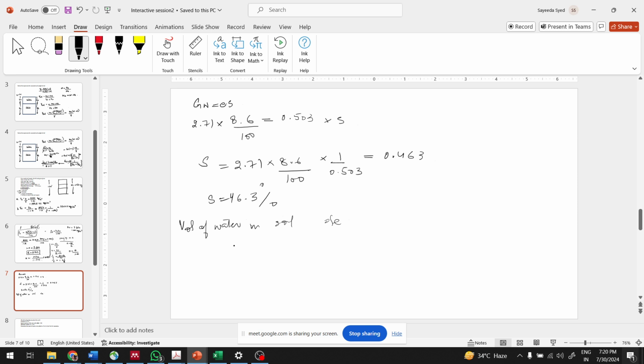So we know rho W is equal to weight of water over volume of water. So volume of water will be weight of water over rho W. And weight of water is total weight minus weight of solids.